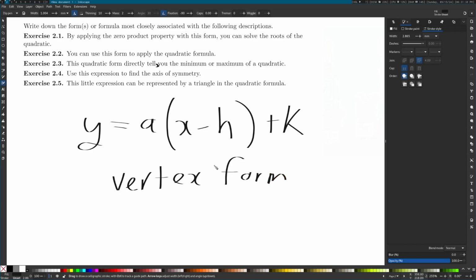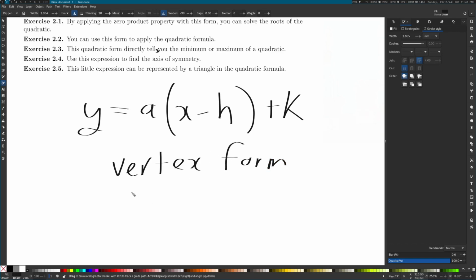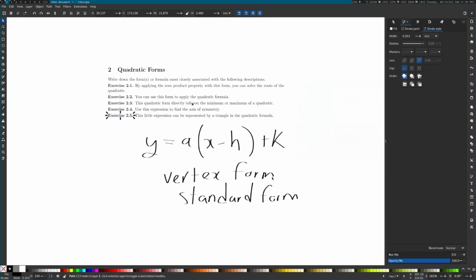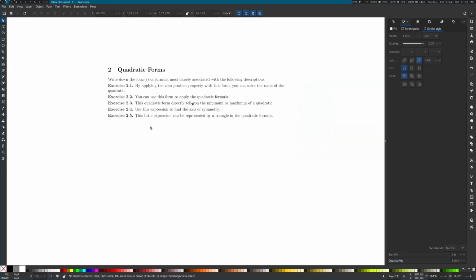Another form, yet a little contested, is that it's also called standard form. These are the two names that will be assigned to this form for the sake of this test.